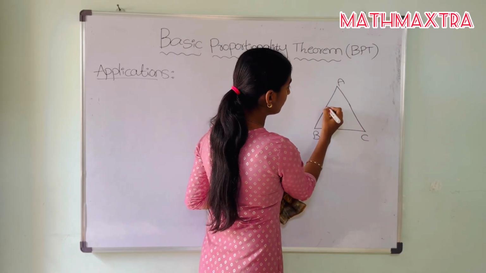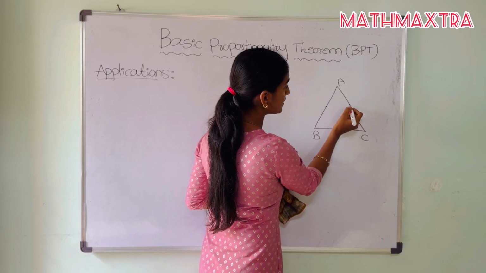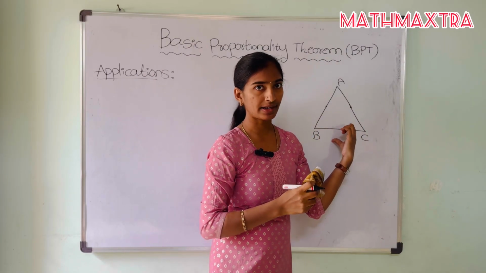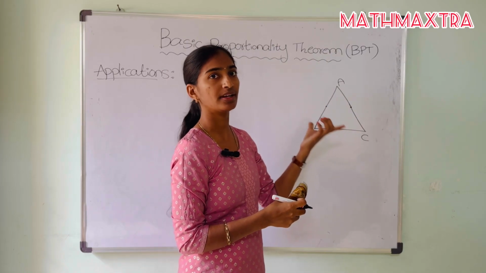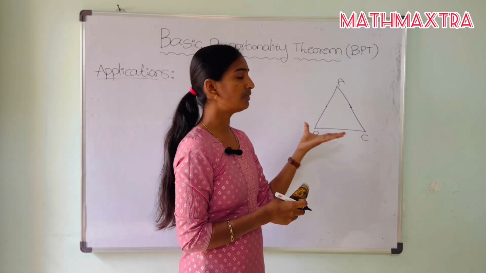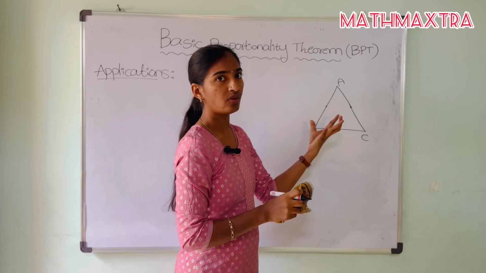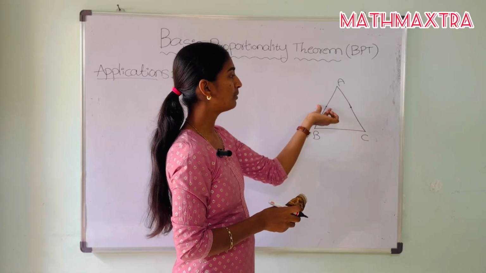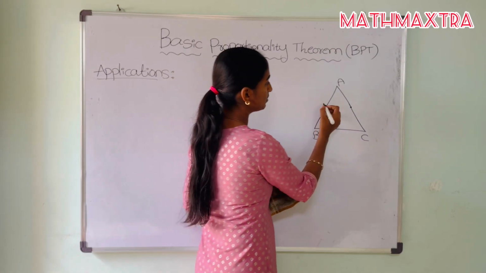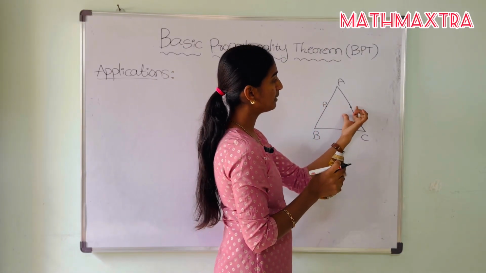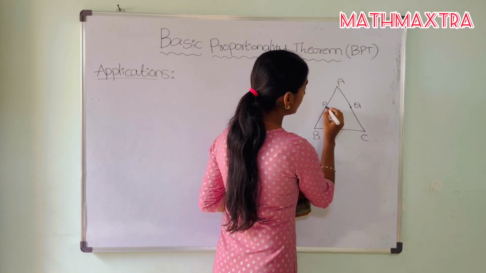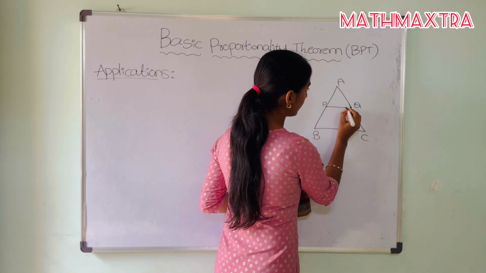You take the midpoint of AB as well as midpoint of AC. So this need not be an equilateral triangle always. This can be a scalene triangle, isosceles triangle, whatever may be the triangle. You take always midpoint of the sides. Okay. So this is a midpoint of AB, which is P, and this is the midpoint of AC, which is Q. You join these midpoints.